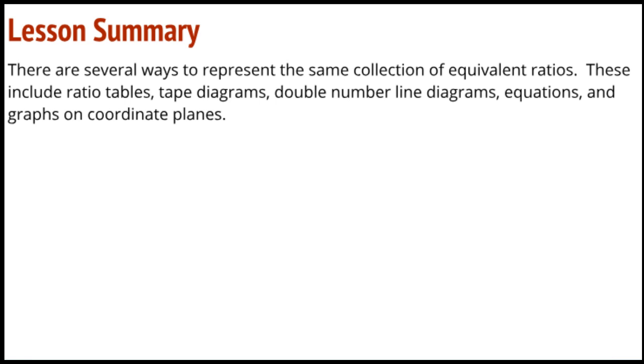These include ratio tables, tape diagrams, double number lines, equations, and graphs on coordinate planes. Hopefully, as we have used these, you are feeling more and more comfortable with what equivalent ratios are and how you can use these to illustrate that ratios are equivalent.